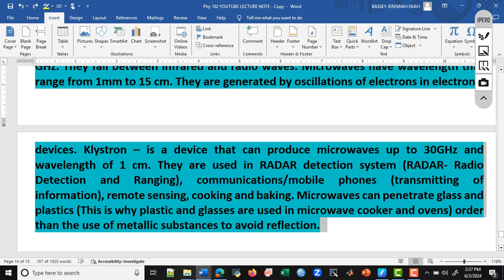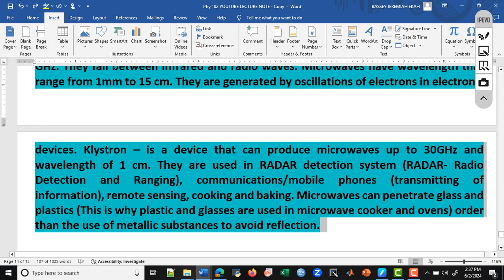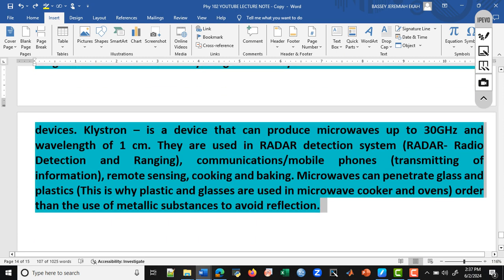Microwave can penetrate glass and plastic. This was the first question that we asked. Can microwave penetrate glass or plastic? Yes, microwave can penetrate glass and plastics.